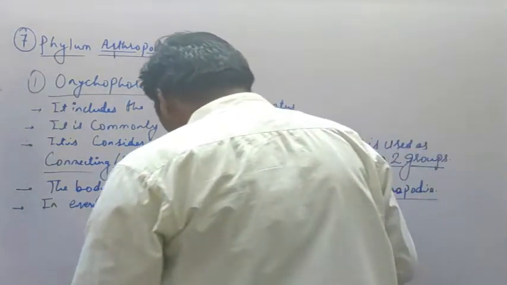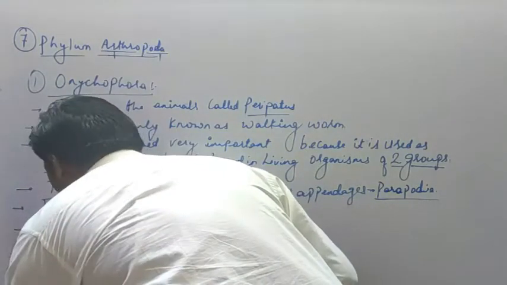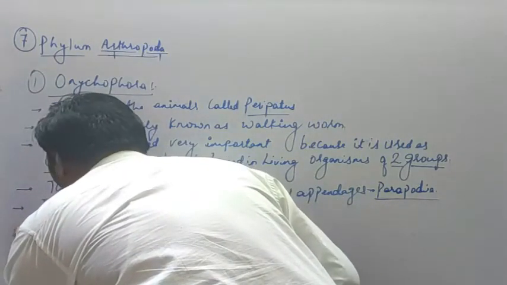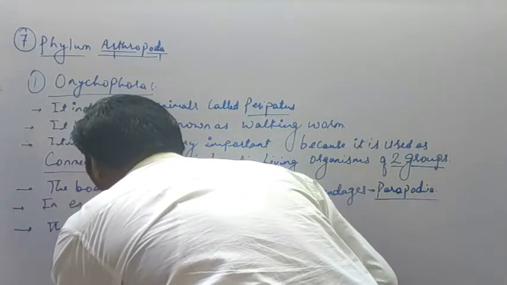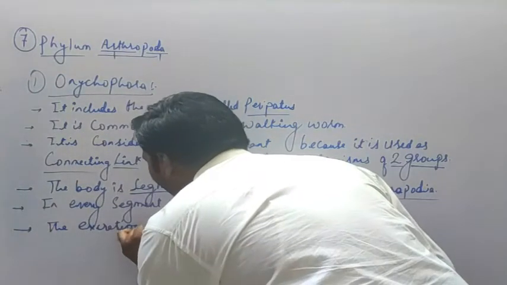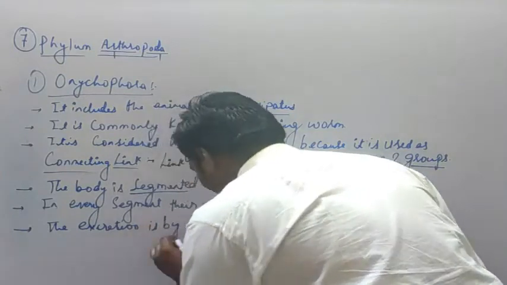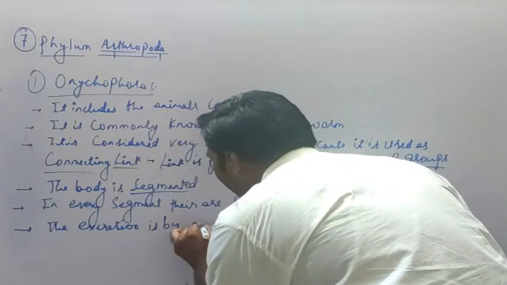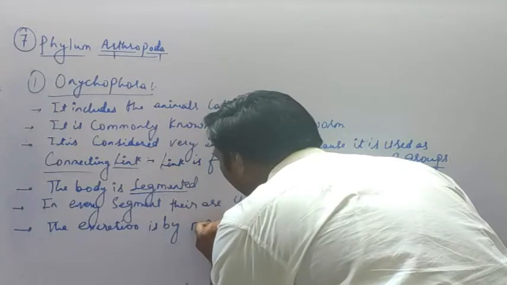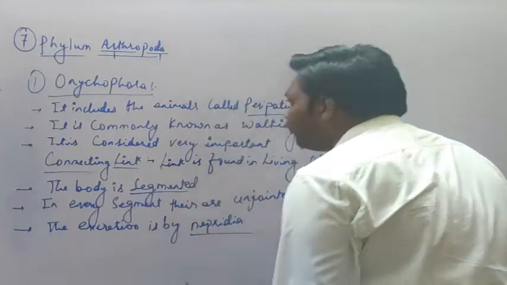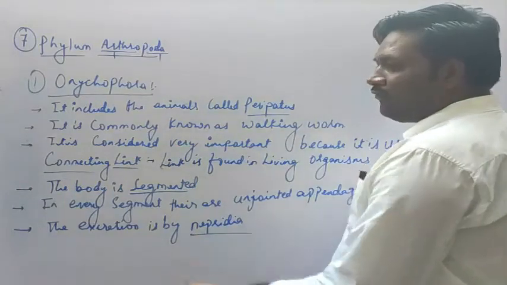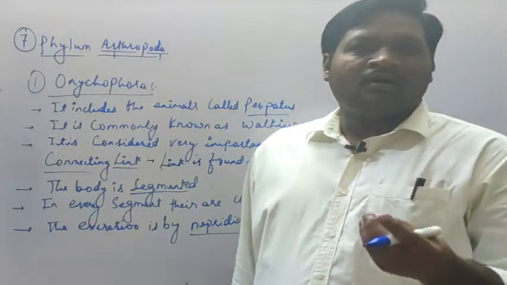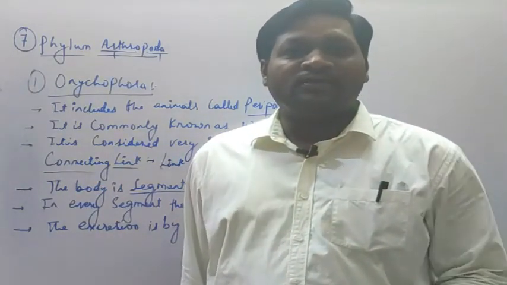The next, the excretion is by nephridia. In the previous session we discussed in phylum Annelida that nephridia are the excretory organs found in the earthworm.